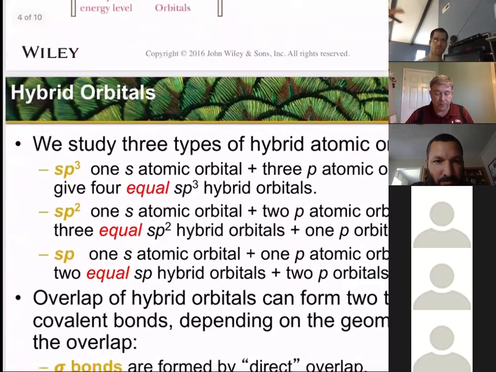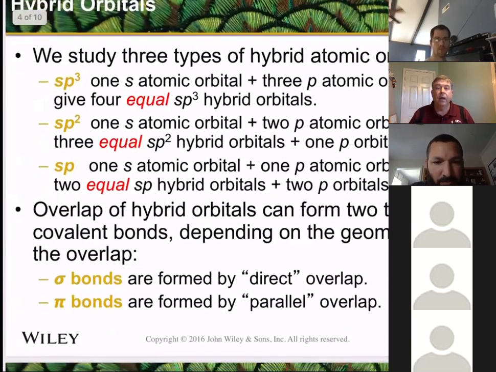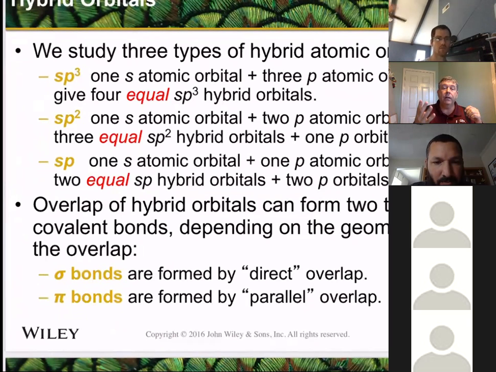Okay, so that's the key to think about with hybridization and where the different bonds come from. With the sp3, they're all equal. So we have 4 equal bonds, all of equal energy, all of equal shape. With the sp2, we now have 3 equivalent orbitals plus that 1 p. That changed our shape. Only the hybridized orbitals can form direct bonds, or sigma bonds. The unhybridized p can make parallel bonds, or pi bonds.